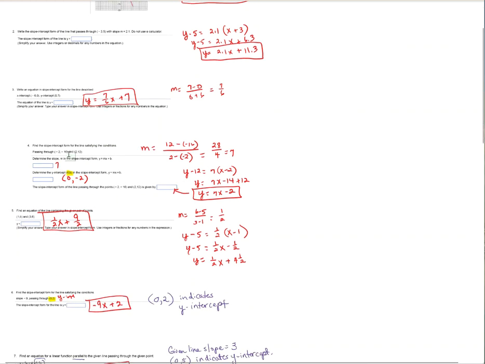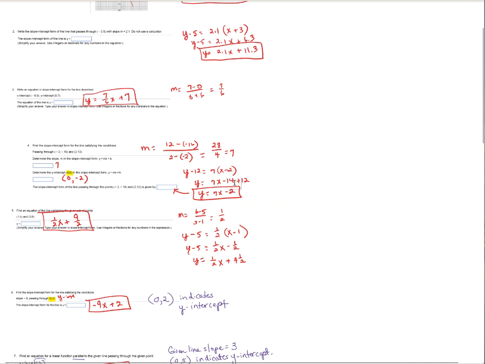Number 4, find the slope-intercept form of the line. You are given 2 points. We'll find the slope the way we've been doing it, y minus y over x minus x. We end up with 7. So it does ask for the slope there. We'll put the 7 there. And then y minus 12, I'm going to use the second point here, equals 7 times x minus 2.